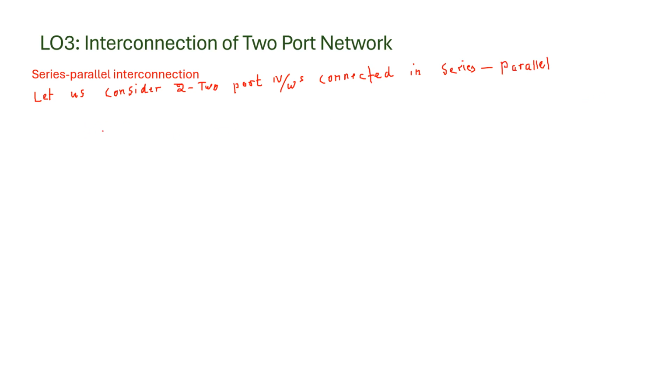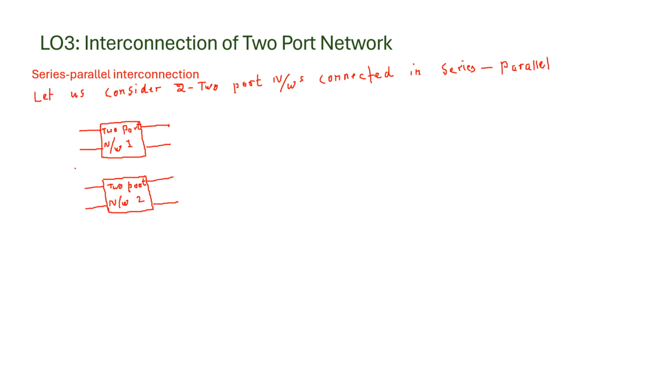So let us have two networks like this. Let us take this as two-port network 1 with the input pair and the output pair. Let us have another network, two-port network 2 with the input pair, output pair.